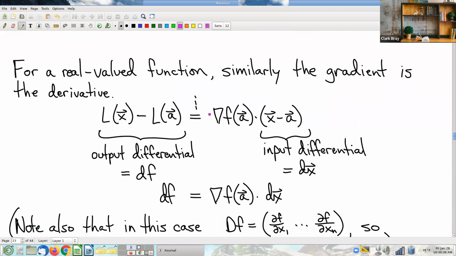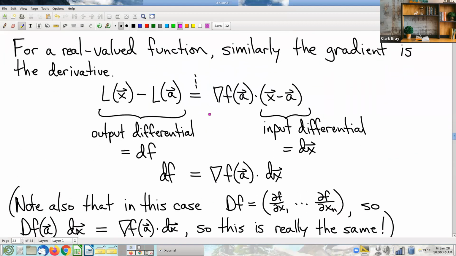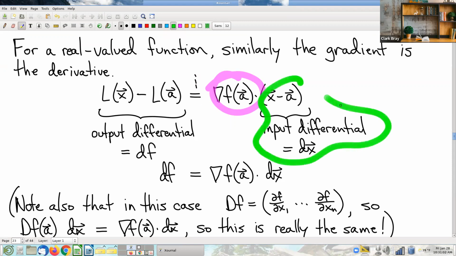All right. So you can make a similar argument when you're looking at real valued functions. Remember, for real valued functions, it was the gradient that was the thing that was involved in the linear transformation. So again, you can do that algebra to reinterpret the linear estimate as a relationship between input changes and output changes.